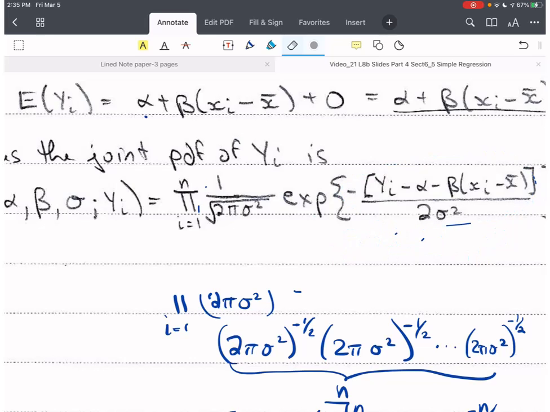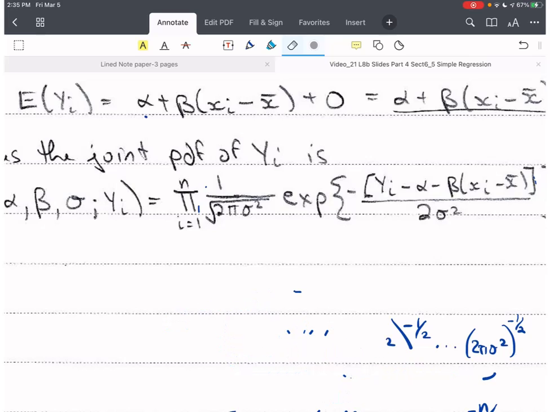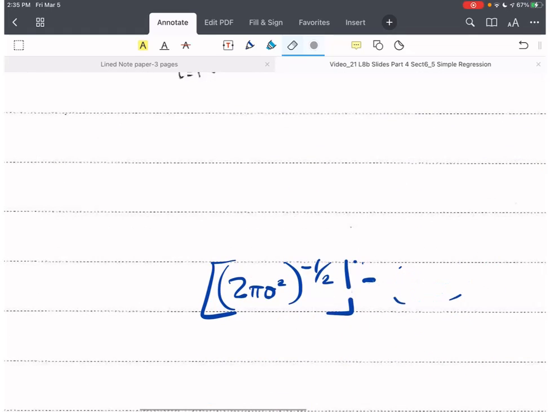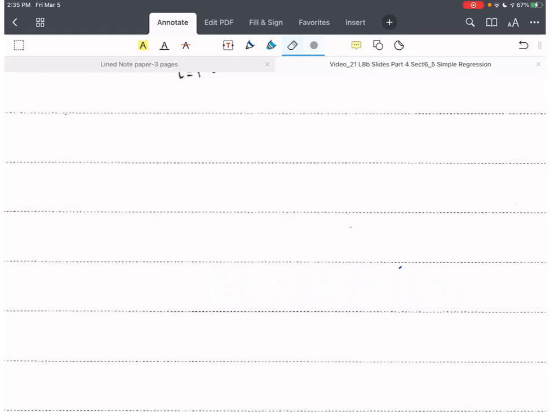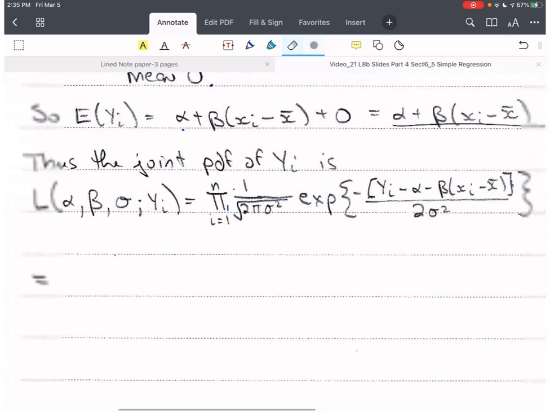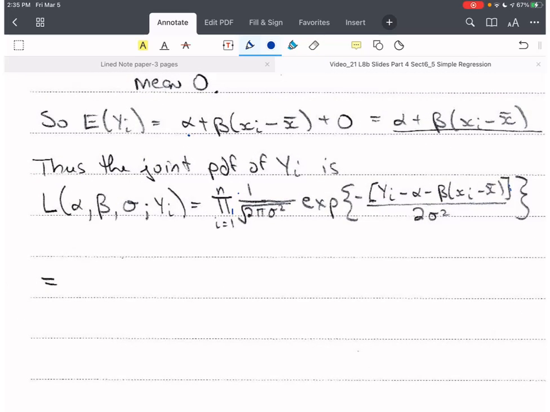I always say exponent, but it's really the base e, the natural number, raised to a power. And so when we take this product, we're going to end up with 2 pi sigma squared to the negative n over 2, and then times exp, and then we have the sum.